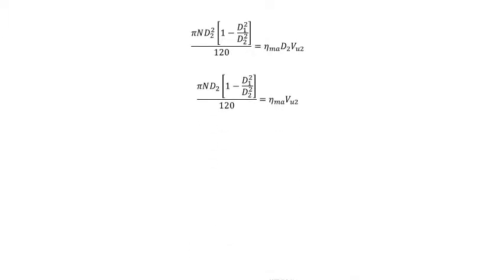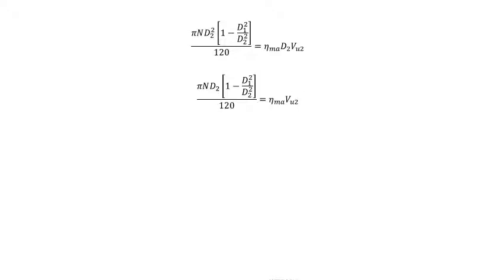Then pi N d2 (1 - d1²/d2²)/120 equals the manometric efficiency into Vu2. Because the left hand side has d2 squared and the right hand side has a d2, the d2 gets cancelled.